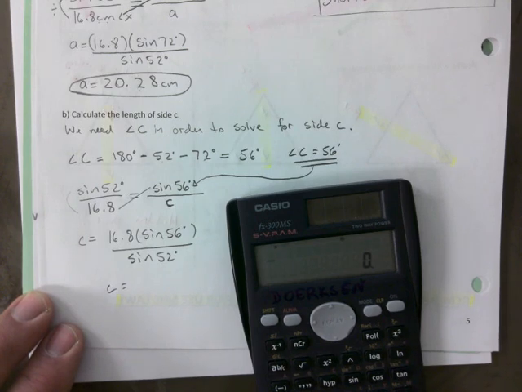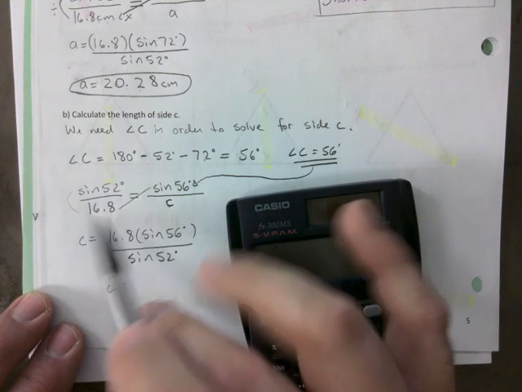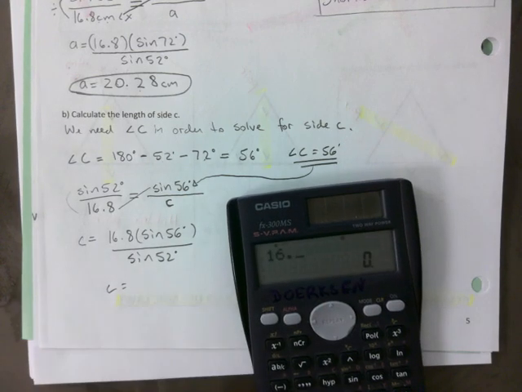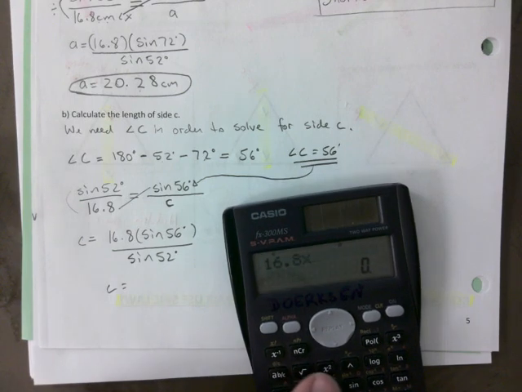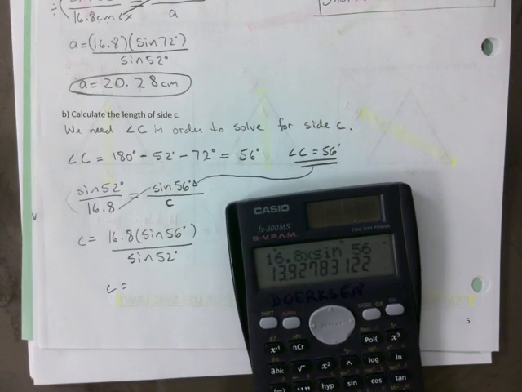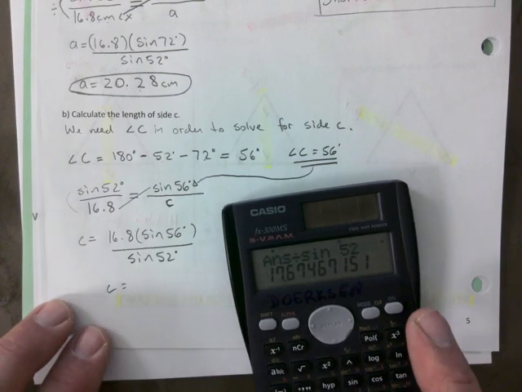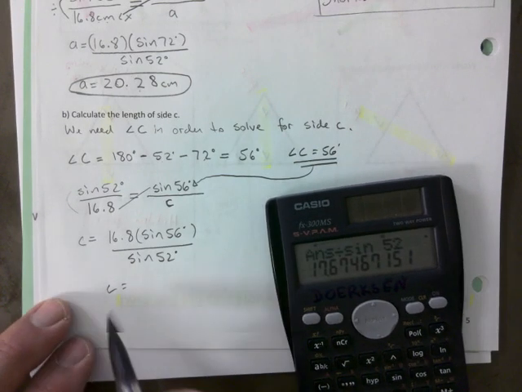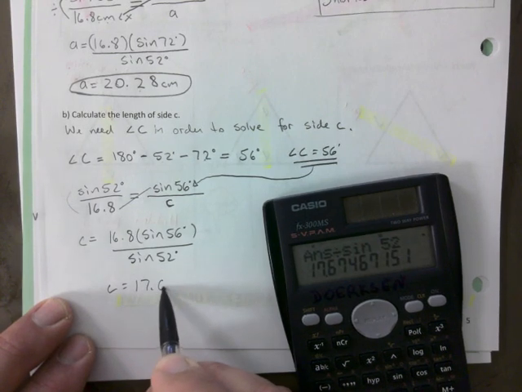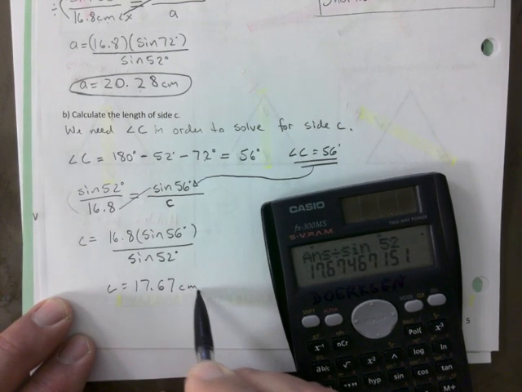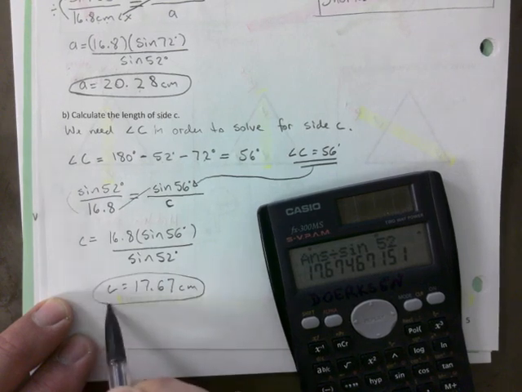It's a little bit bigger, so we're expecting our answer to be a bit longer than 16.8. So here we go, 16.8 times sine of 56 divided by sine of 52. 17.67 rounded centimeters. That's what we're at. Boom.